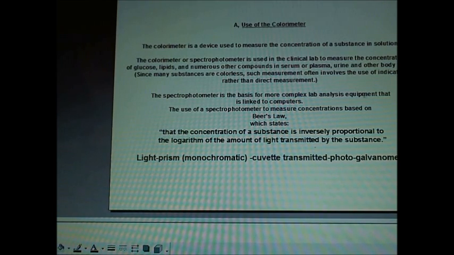And then you're going to make a linear regression, a curve, on graph paper, and then you compare the absorbance to the absorbance of the known standard.